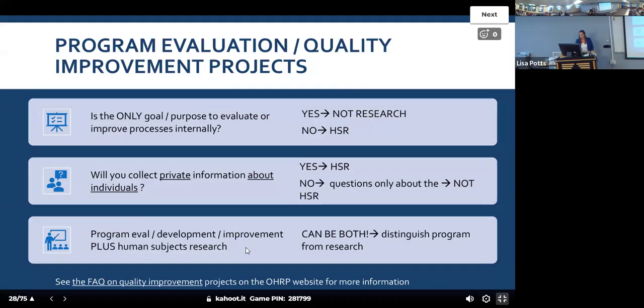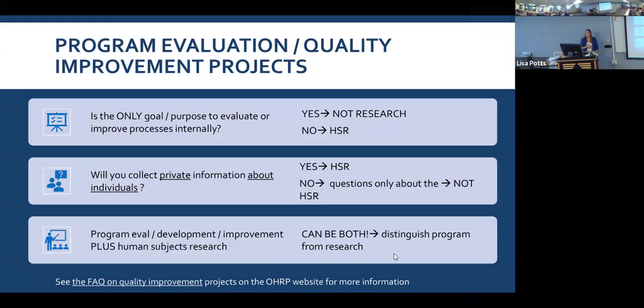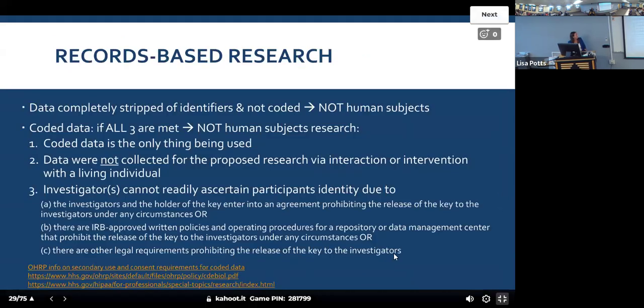I think sometimes this is another one that's overlooked, but it could be both. There are some things that are program evaluation or improvement that may still fall over into that human subjects research category. So that's where you have to go back and think about all of those aspects.